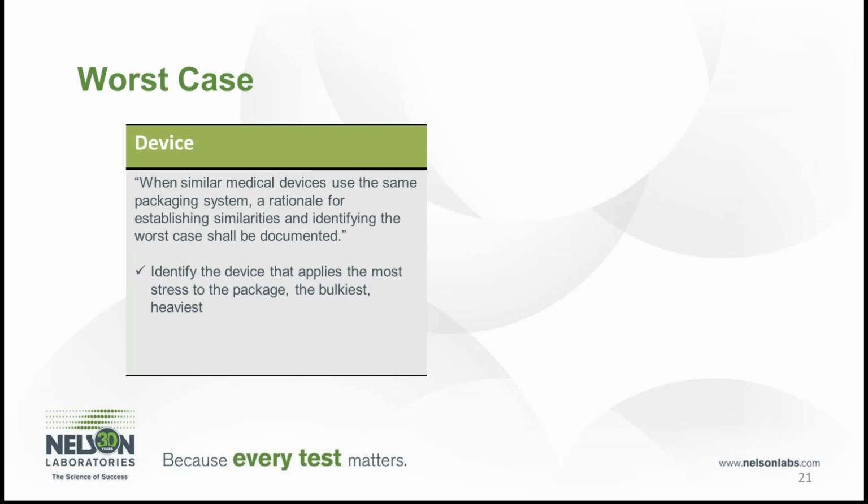Here, with the device, we are looking at identifying the worst case device, the heaviest, the one with the most connections, the one that's the bulkiest, the one that has the most stress points on the packaging. It's looking at the device and selecting the worst case device.